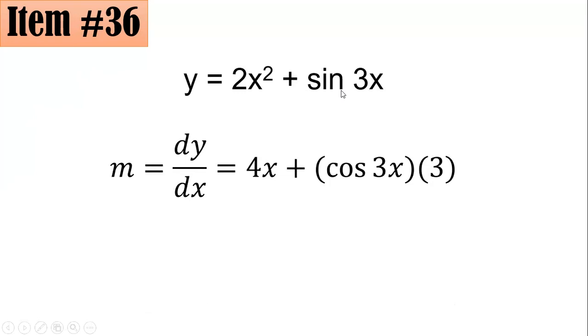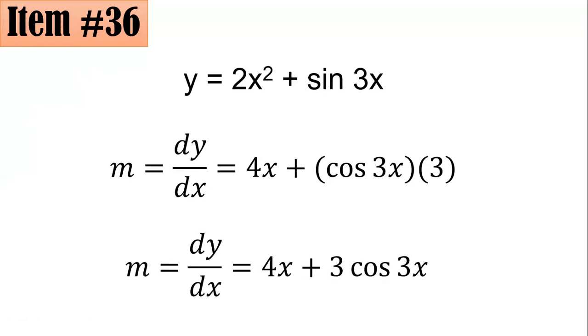But for the sine 3x, we will be using the chain rule. The derivative of sine is cosine, so we have cosine 3x. But 3x here is another function, so we have to take its derivative, which is 3. Rearranging the terms, the slope is dy over dx equals 4x plus 3 cosine 3x.